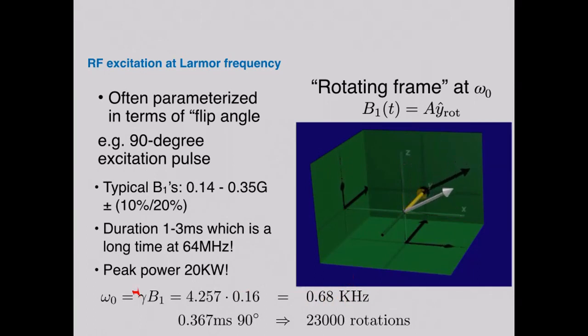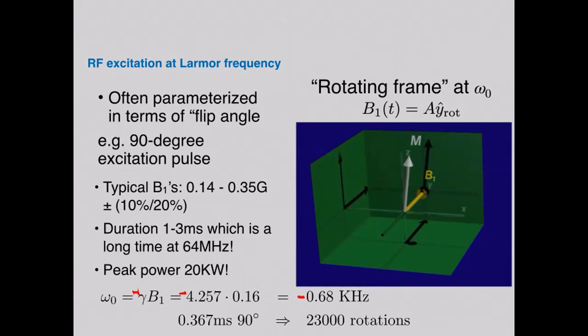But you're right, it should be a negative sign here. Basically, when I say minus, that means that it rotates clockwise as opposed to counterclockwise.